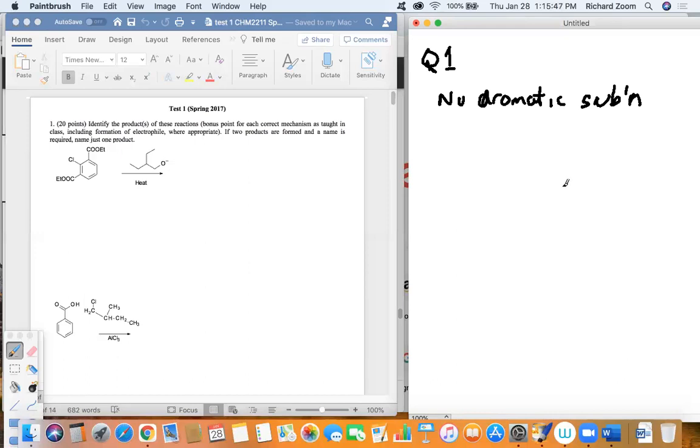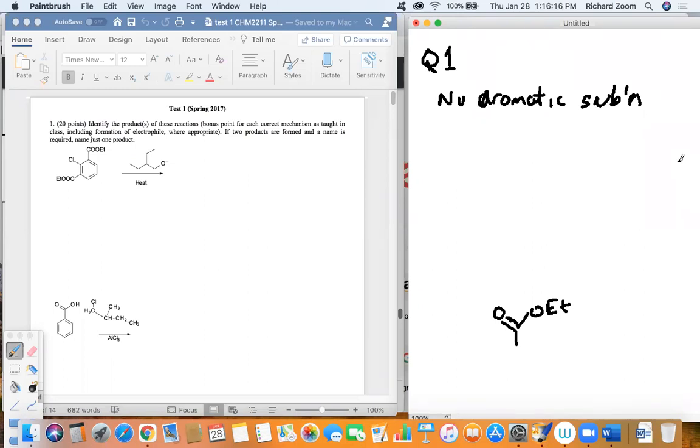Yes, it is. Wouldn't those be deactivating groups? Yes, that should go. They're deactivating groups. So that's what it would look like. So yes, those would go. Was it the fact that you couldn't see the double bonds?